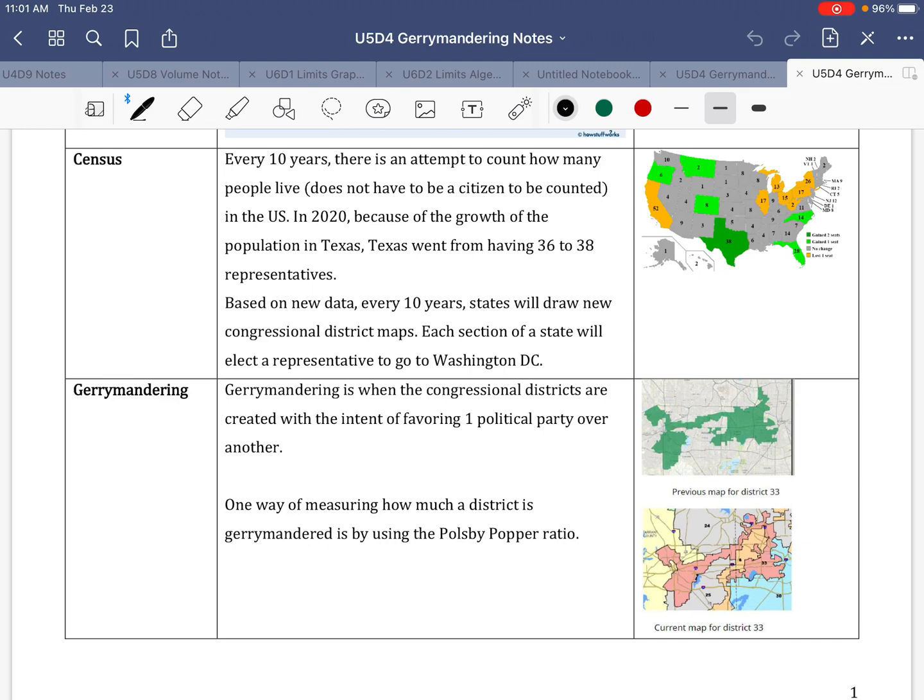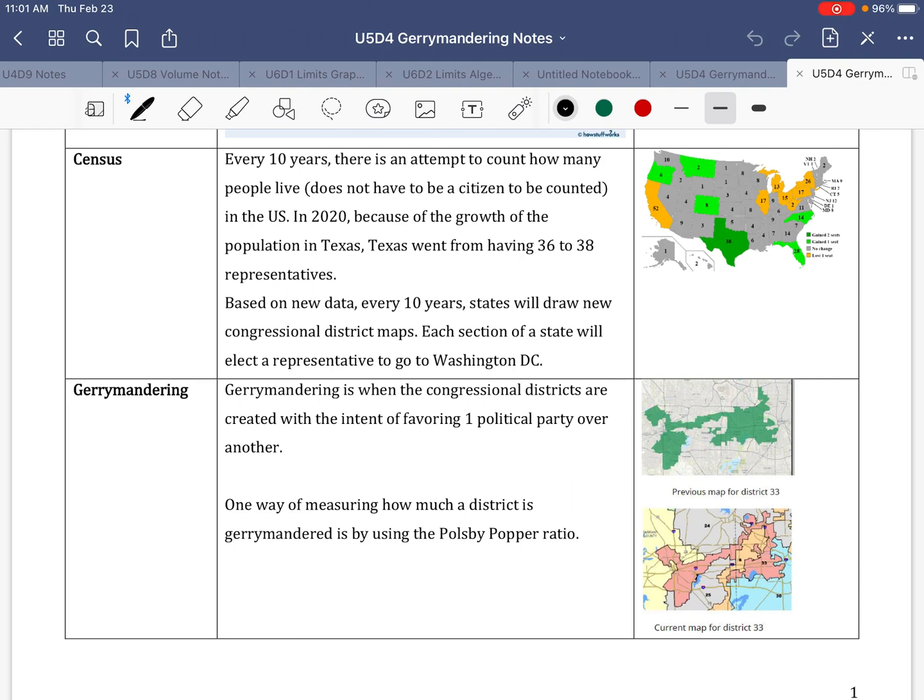And then the people inside of each district will then go ahead and vote for one of their representatives. Whichever political party has control of the state government then can make congressional districts that favor their party, so there are more Republicans or Democrats elected to Washington, D.C. as a state representative.